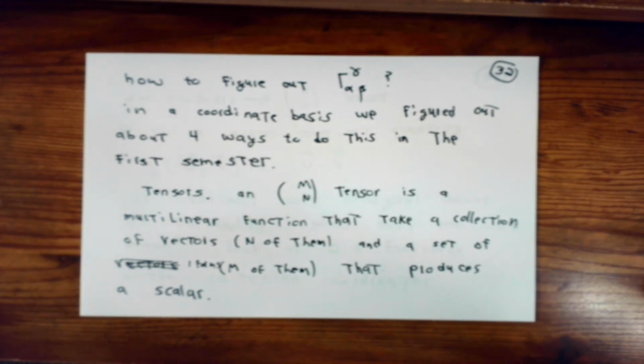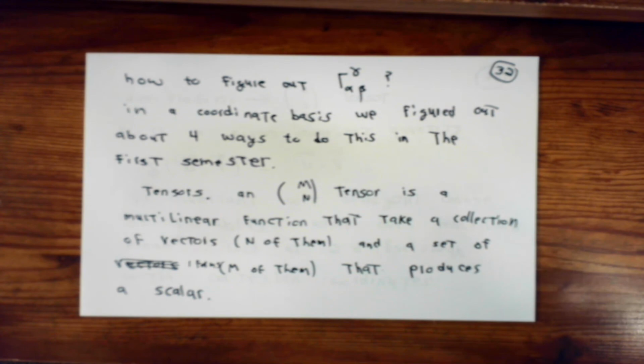I'm going to stop here because I'm trying to keep each of these fairly short, but obviously I'd like to be able to figure out these Christoffel symbols, especially in a nice coordinate basis. We had about 4 different ways to do that from the first semester.